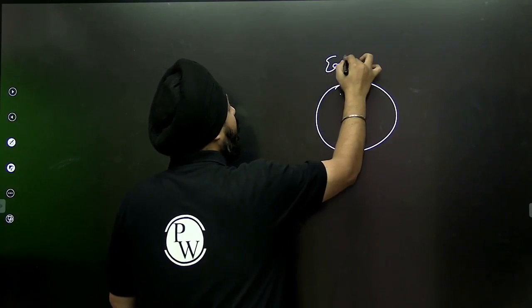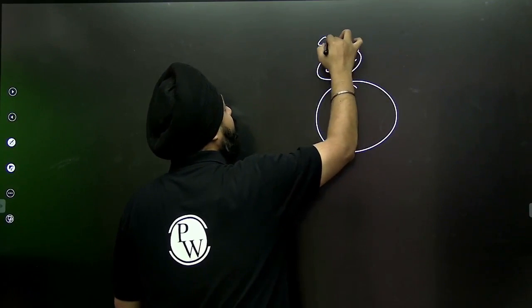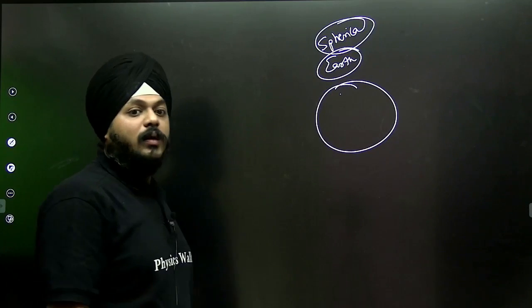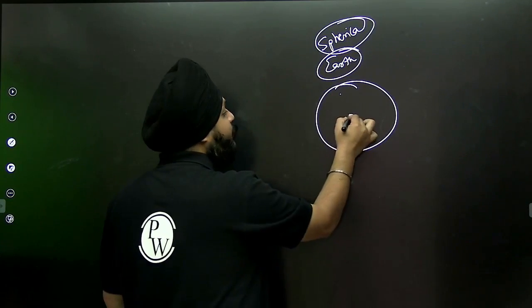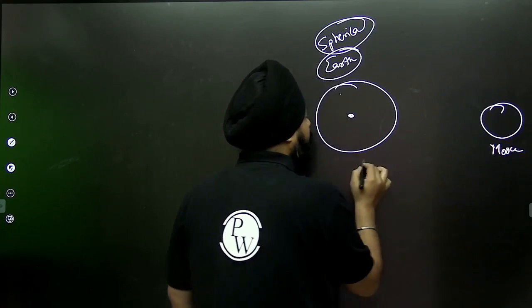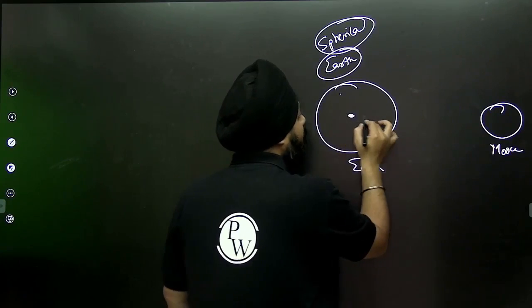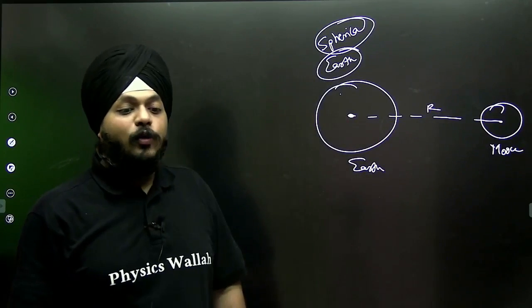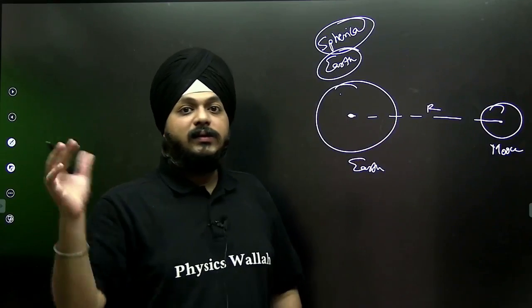Always we are considering the earth as a spherical body. Suppose this is the earth, one astronomical object. This is also the moon, a sphere. Both are spheres. They are separated by the distance r. These two are not particles.